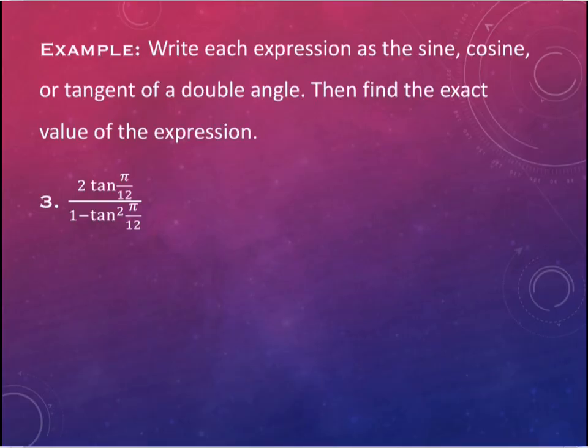Okay, I have one more example for double angles before we move on to a different set of formulas. This one wants us to write the expression as the sine, cosine, or tangent of the double angle. So this one's tangent. This is how the directions will look for all of these. And this problem, the way it's written, matches one of the double angle formulas on the right side.